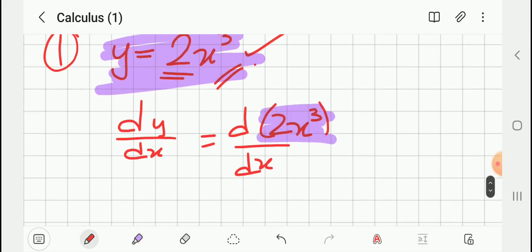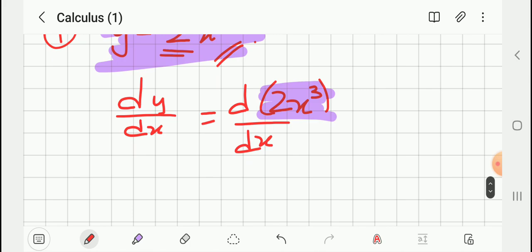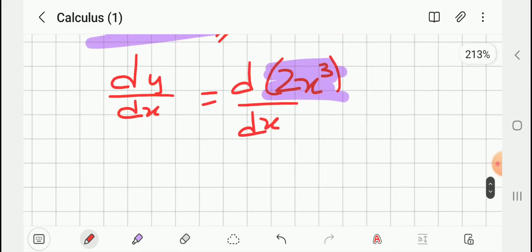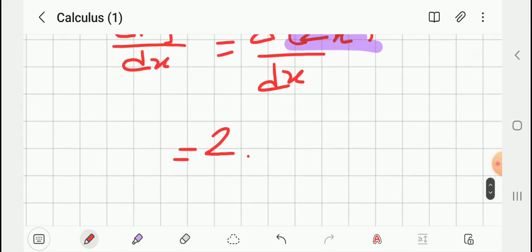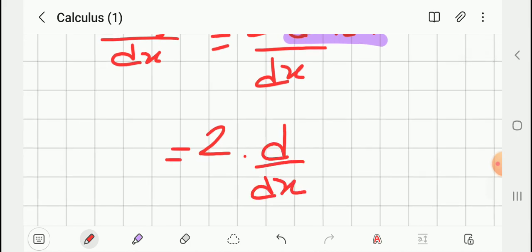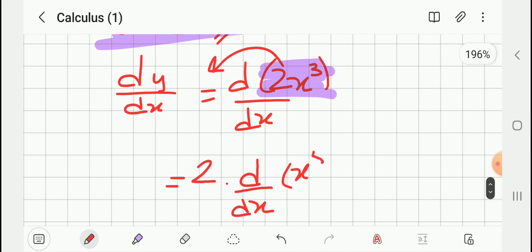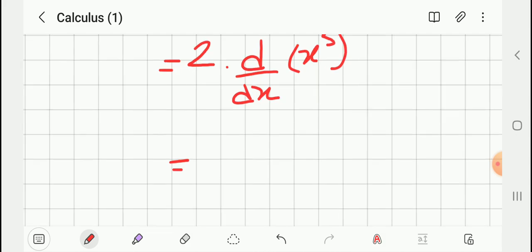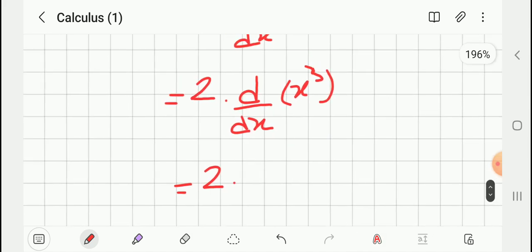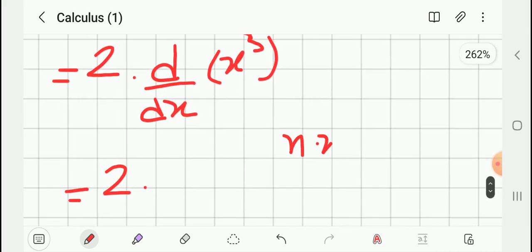So when we differentiate, we just take 2 out. As 2 is a constant, we take it out. So we can write 2 into d by dx of x cube. We learned in the formula that the differentiation of x to the power n is n x to the power n minus 1.